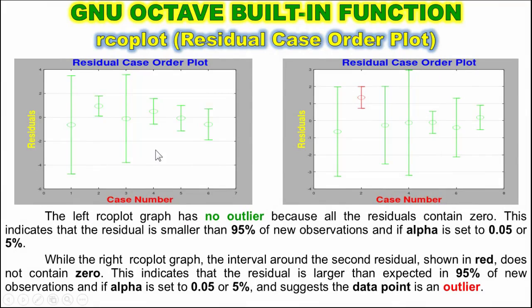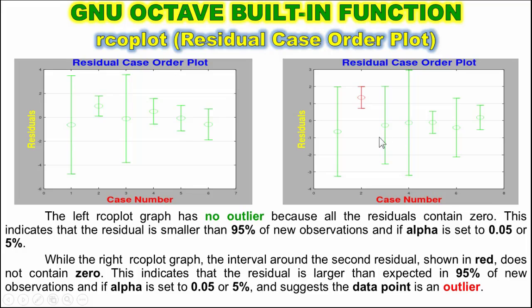The left RCO plot graph has no outlier because all the residuals contain 0. This indicates that the residual is smaller than 95% of new observations if alpha is set to 0.05 or 5%.